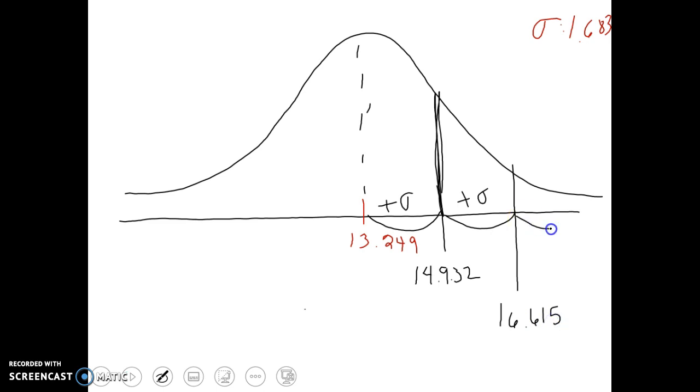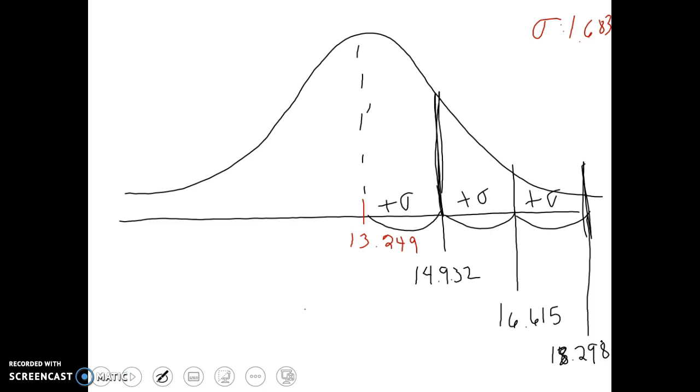Now I'm going to add 1 more standard deviation, 1.683 again, and I get 18.298. Okay, so we've gone up 1, 2, 3 standard deviations above the mean of 13.249.